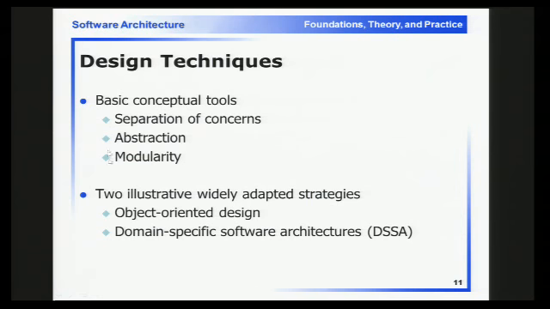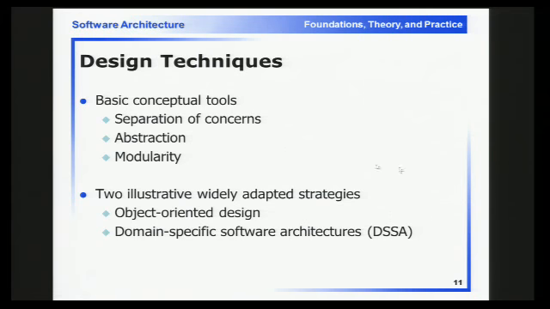We classify those conceptual tools which are supporting our design into separation of concerns, modularity, and abstractions. Sometimes people consider modularity as being for the separation of concerns, so those 2 can be combined together. And the other thing is how we are going to determine the abstraction level of your design and architecture.